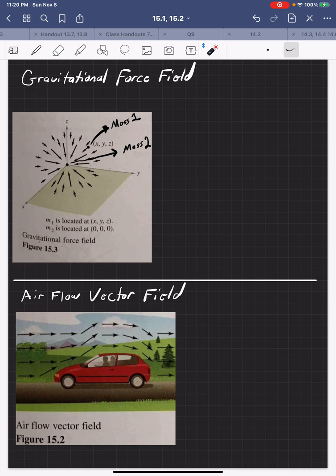All of your vectors are pointing towards mass sub 2. The force of attraction exerted on m sub 1 by m sub 2 is what's being modeled here. This is another type of vector field, what we call a gravitational force field. This is an example of an airflow vector field.